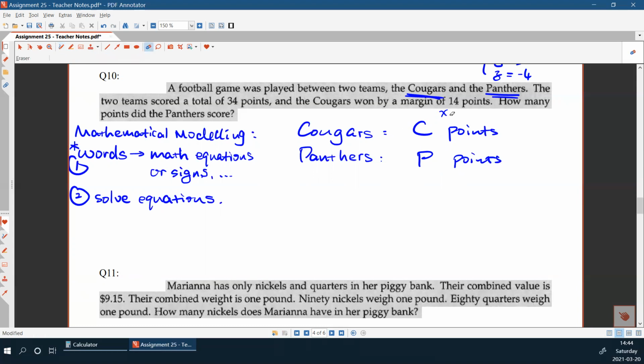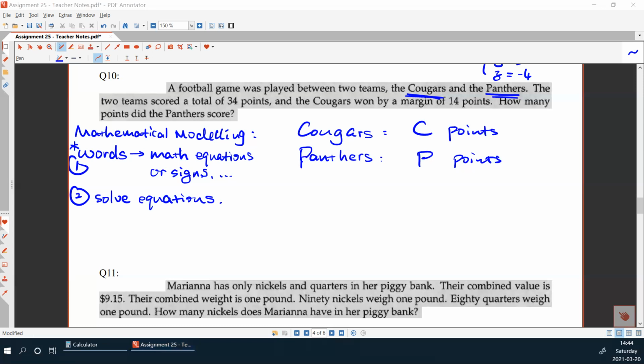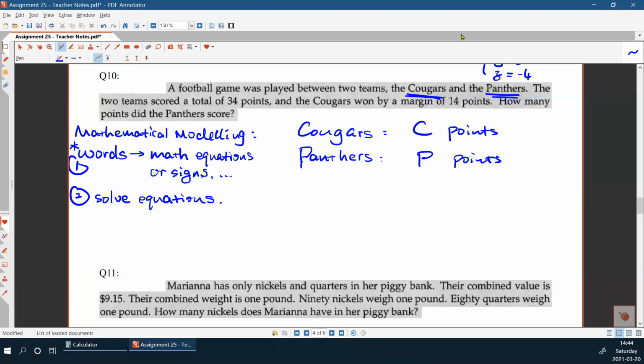So I think it's better to choose a letter that is connected to the real meaning of the variables. So suppose here we use C to stand for the points of the Cougars and P stands for the points of the Panthers, right?